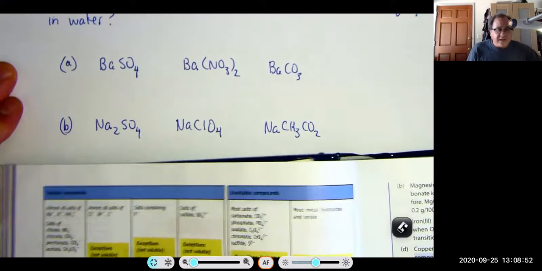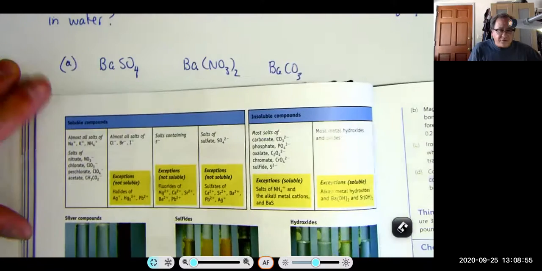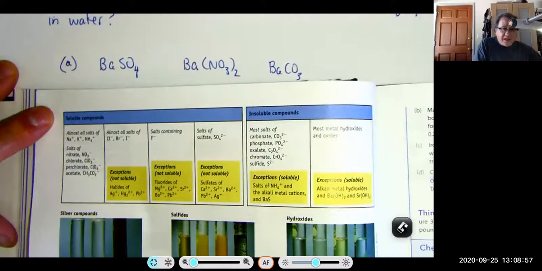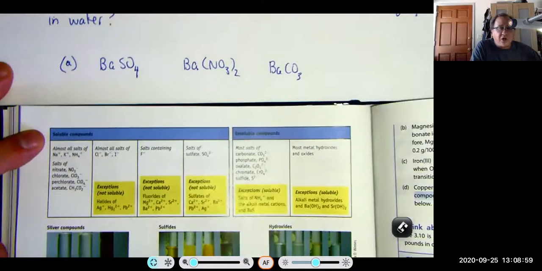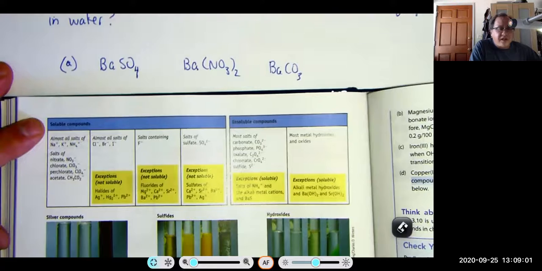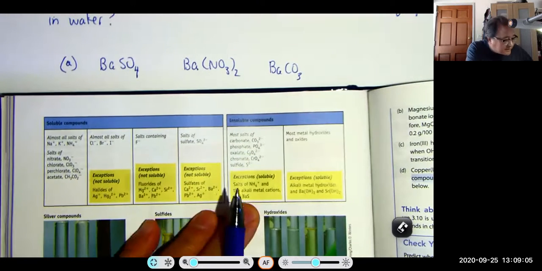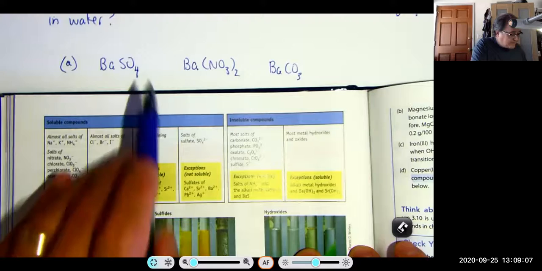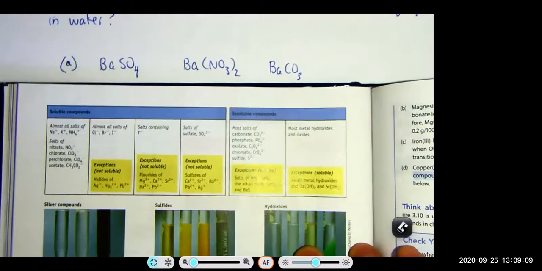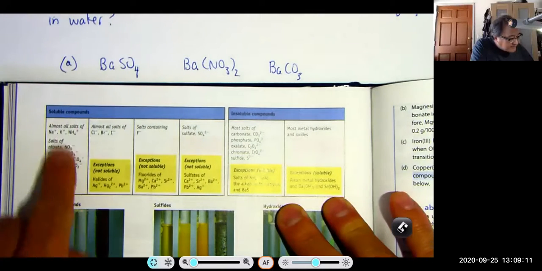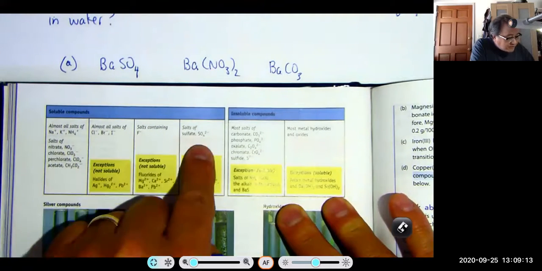So if we take a look here at the first set of choices, and we look at the chart here, here's how you use a chart like this. See how this says barium sulfate? Well, if we look at what's written in white, you won't see barium anywhere.